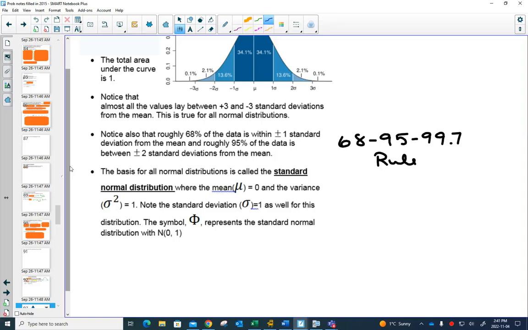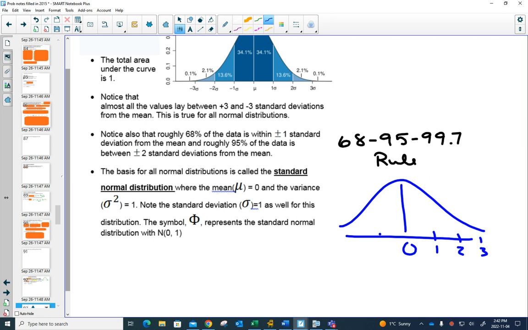Then there's something called the standard normal, where you just call the mean 0, 1 standard deviation above 1, 2 standard deviations above 2, and 3 standard deviations above 3. And then it's more of a way of comparing. And this is what we're going to do with these tests. Right?